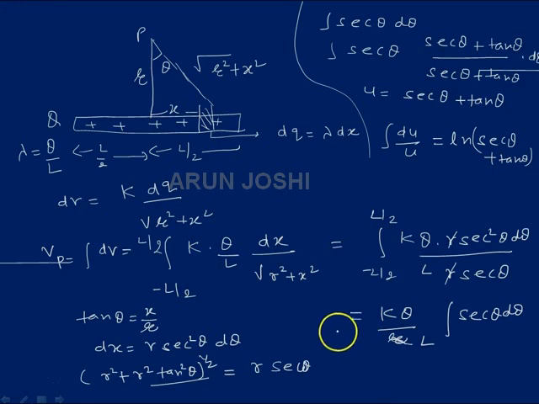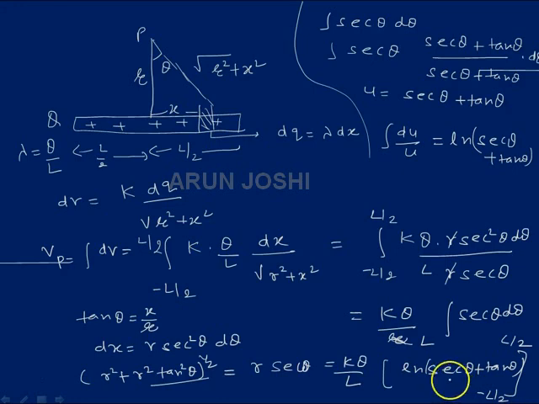So the integration of this part can also be written as kq by L, ln of sec theta plus tan theta, limit is given, minus L by 2 to plus L by 2.